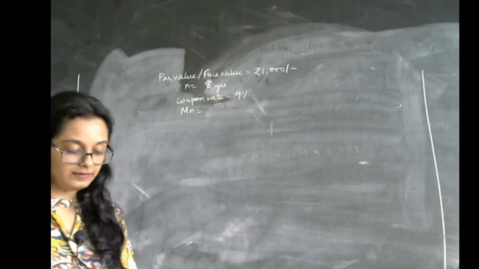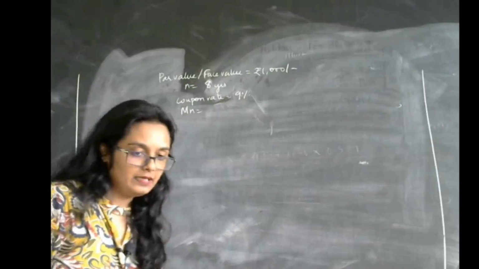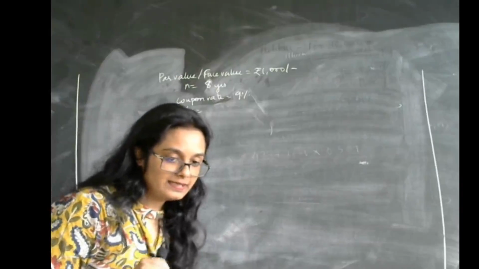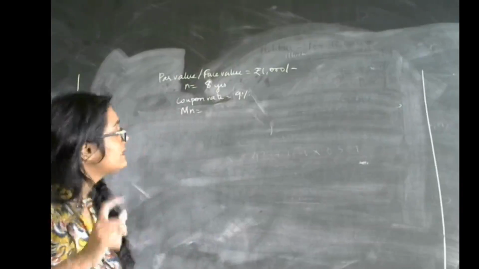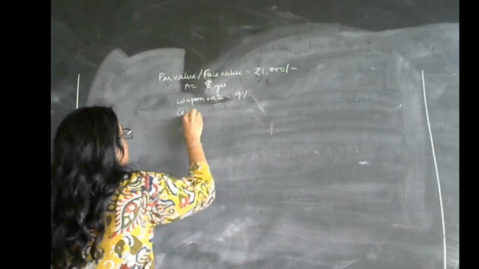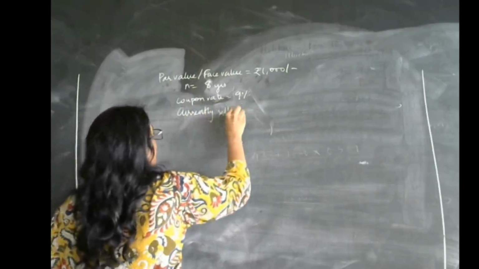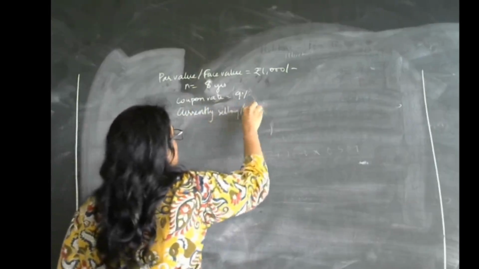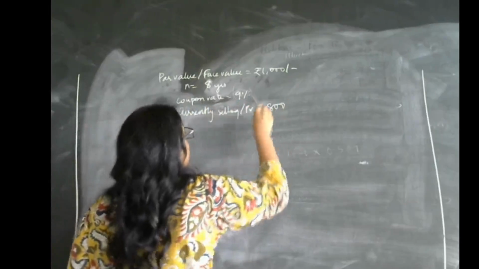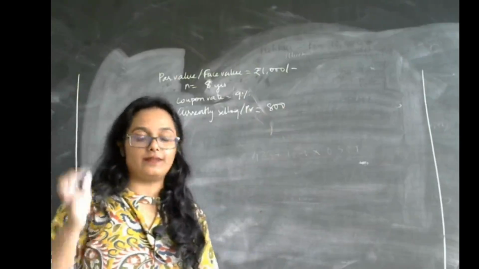And the current selling amount, the present value, is given to us as 800. So currently it is selling at 800, they have told us.